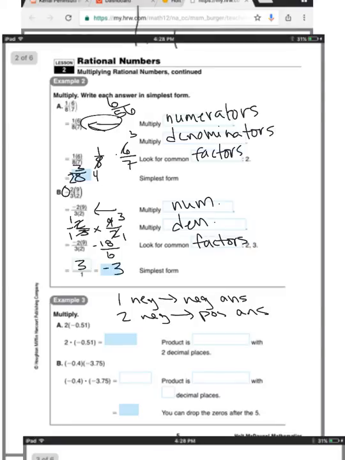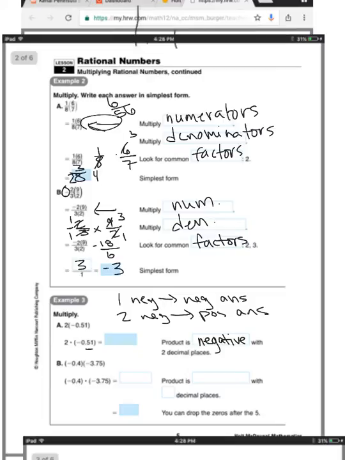Okay, so on A, we have 2 times negative 51/100. Because there's one negative, we are going to have a negative answer, which is the product. The product is the answer to a multiplication problem, with 2 decimal places because we have 2 numbers to the right of the decimal.